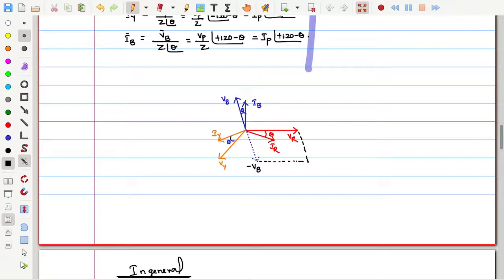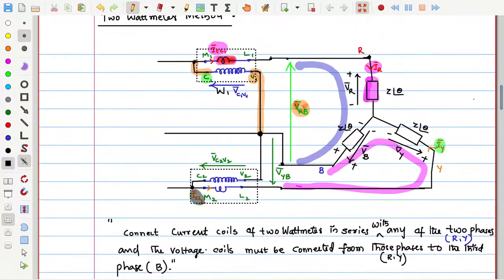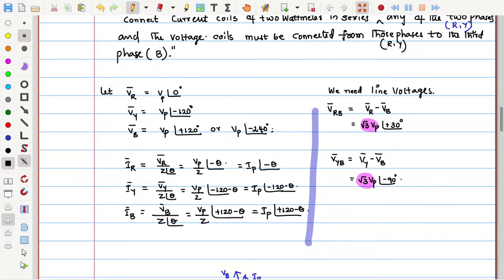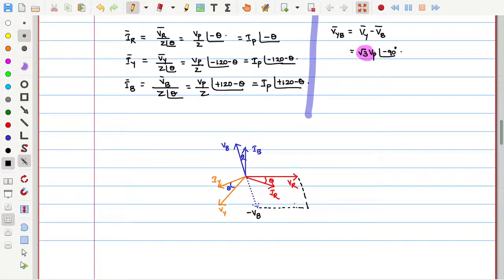It is not actually okay, just carefully observe. So VYB, fine. Okay, so R to B, and this is Y to B. No issue. This may not be at an angle of 30 degrees. Actually, it may be a different angle. So let us verify slowly, let us see how much we will get. So here I will get this VRB phasor.